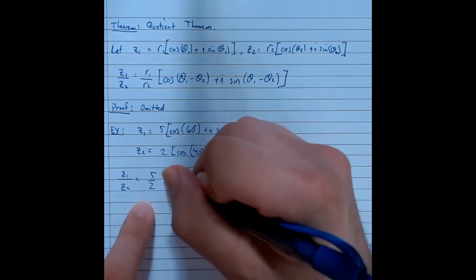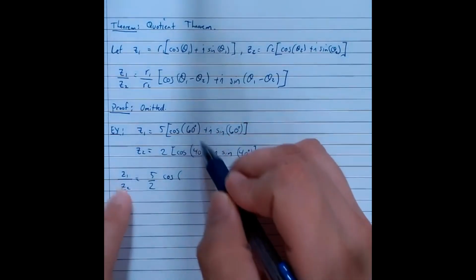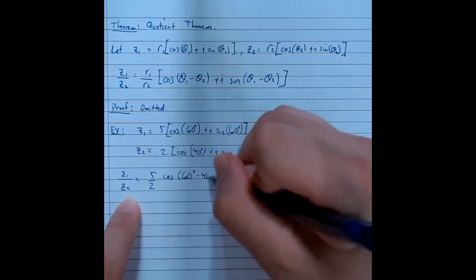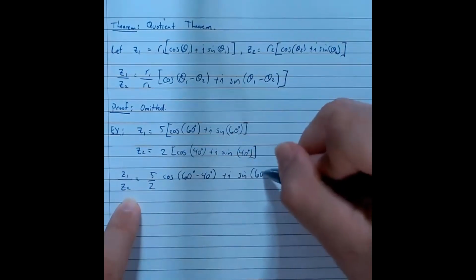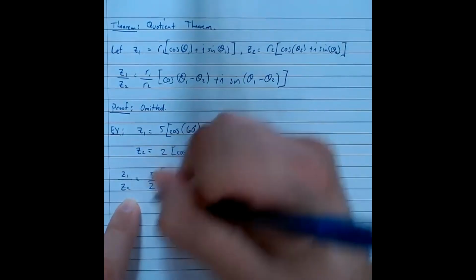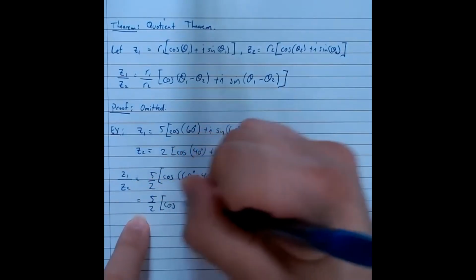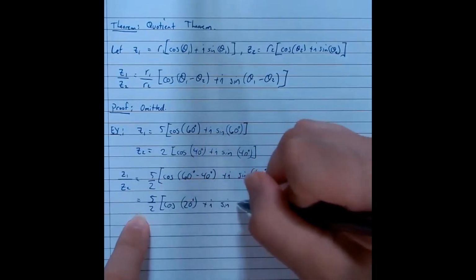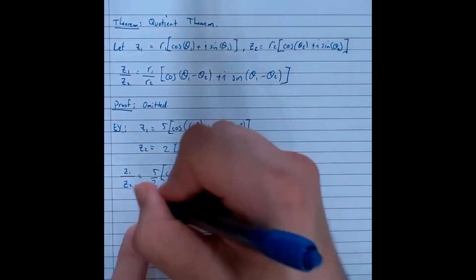And now we're going to take the cosine of the argument of the numerator minus the argument of the denominator, 60 degrees minus 40 degrees, plus I sine of that same thing, 60 degrees minus 40 degrees. And we can simplify that out to be 5 halves times the cosine of 20 degrees plus I sine of 20 degrees. Just like that. And that's our result.